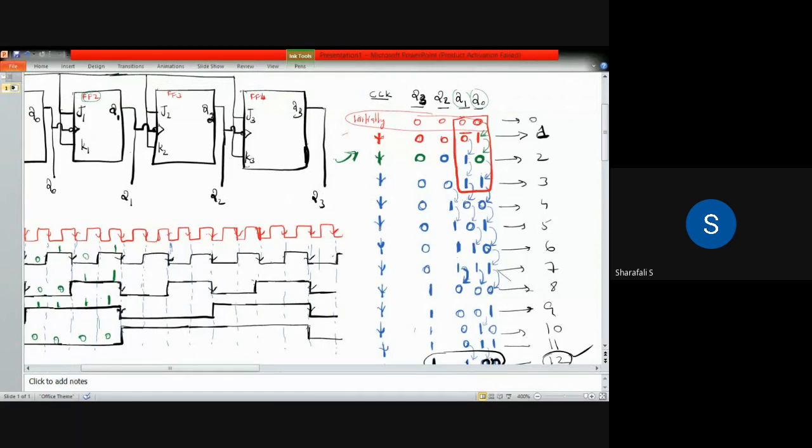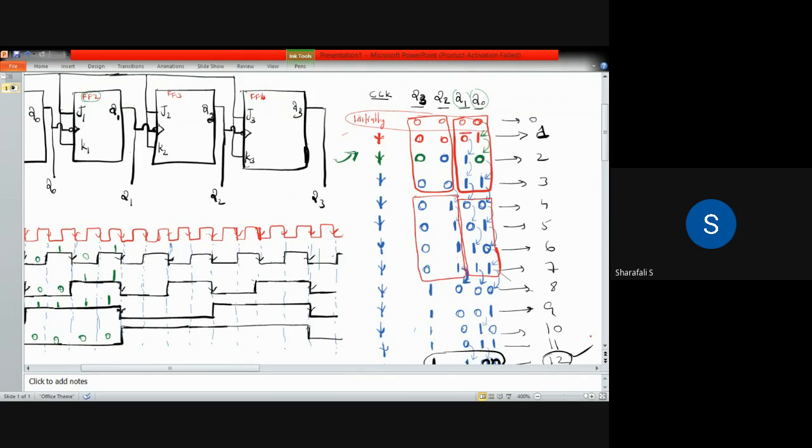And if you consider the next part of this state, that is 0 0 0 0 0 0 0 0. And again you take this one, again 0 0 0 1 1 0 1 1. But here it is 0 1 0 1 0 1 0 1.